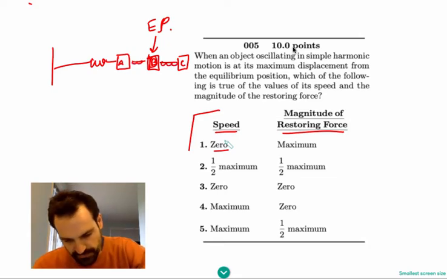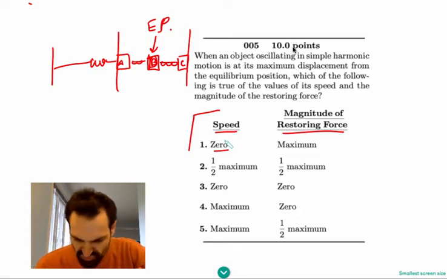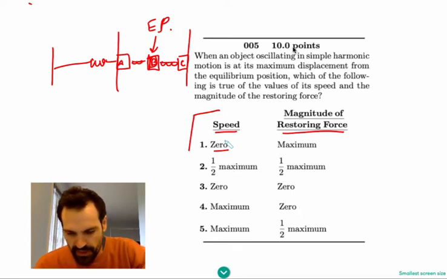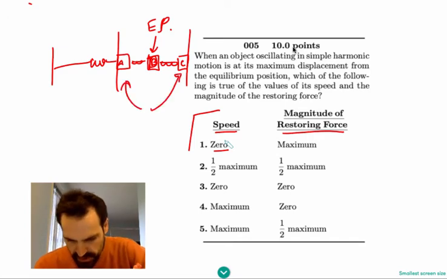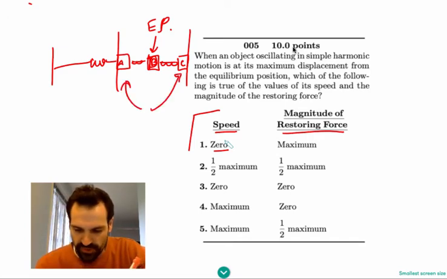When it's oscillating and it's at its maximum displacement, so A or C, from the equilibrium position, which of the following is true of the values of its speed and the magnitude of its restoring force?